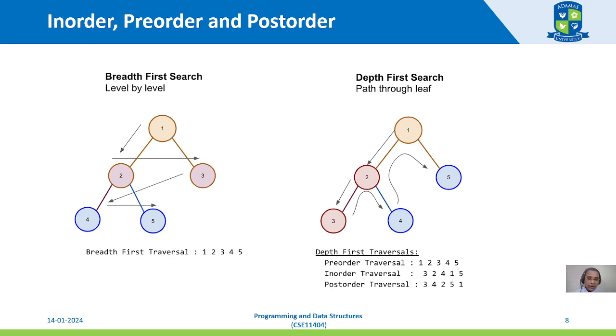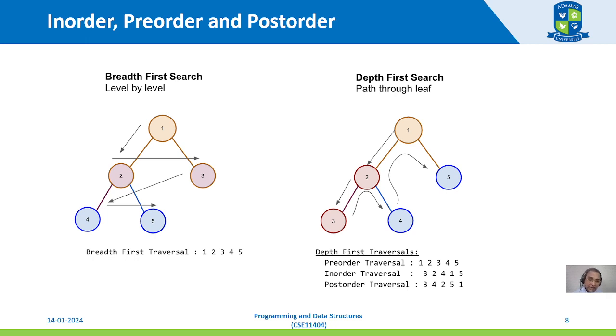In case of in-order traversal, we can see that it starts from node 3, that is the leaf node we are talking about. Leaf node means where we do not have any further node, where the child nodes are not present.